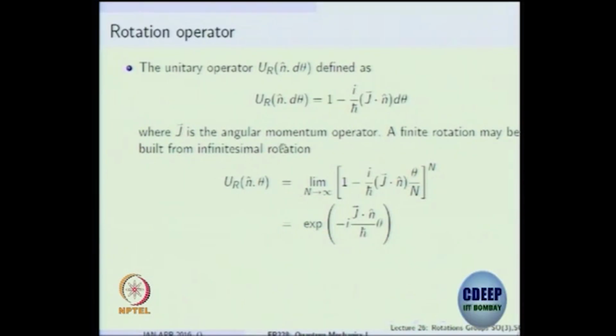So there is a unitary operator in quantum mechanics which performs rotation not only in physical space, but it could also be in the spin space or some internal space, which we call the total angular momentum J, where the generator is the angular momentum J. So this is what we call the rotation operator even in the spin space.